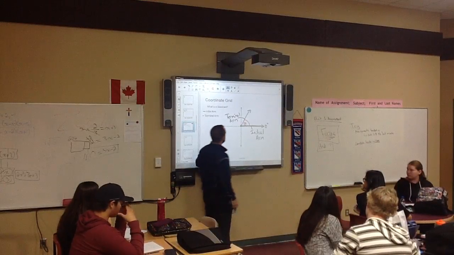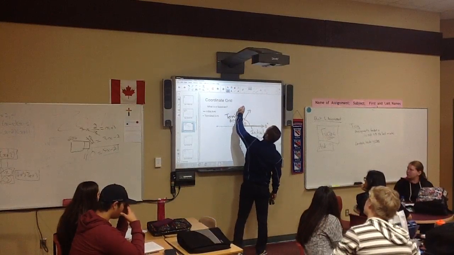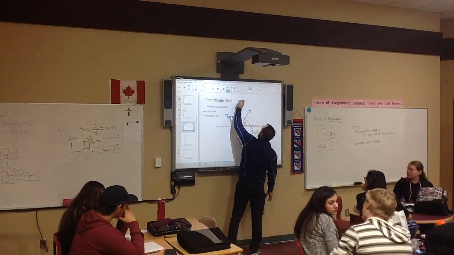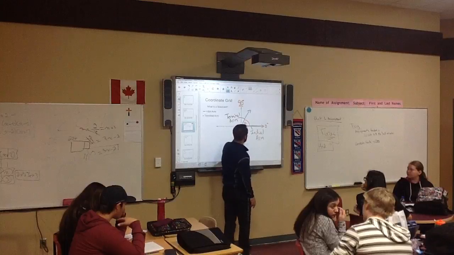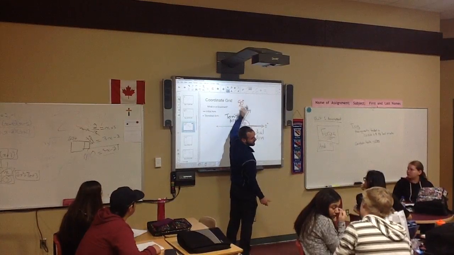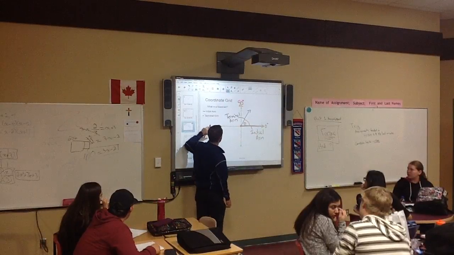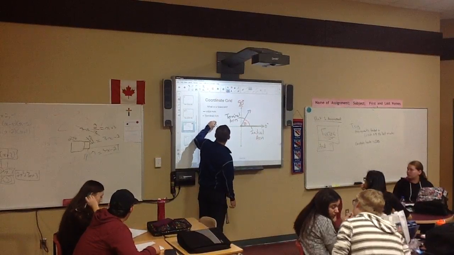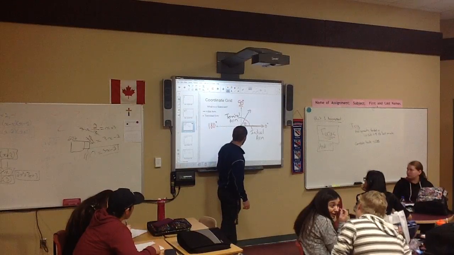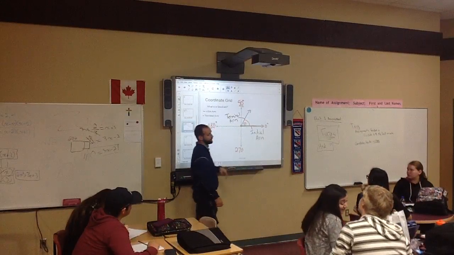What angle goes here? 90 degrees. If I have an initial arm here and a terminal arm straight up, that has to make a 90-degree angle. What does this one have to be? And I bet we can figure out this last one. 270. We're basically breaking it up, 360 divided by 4.